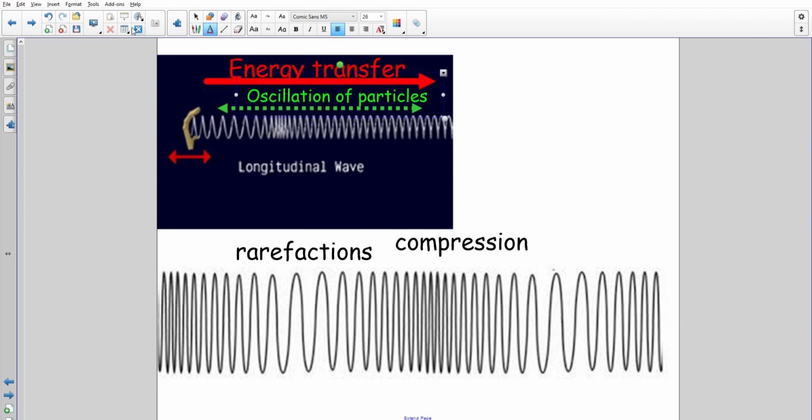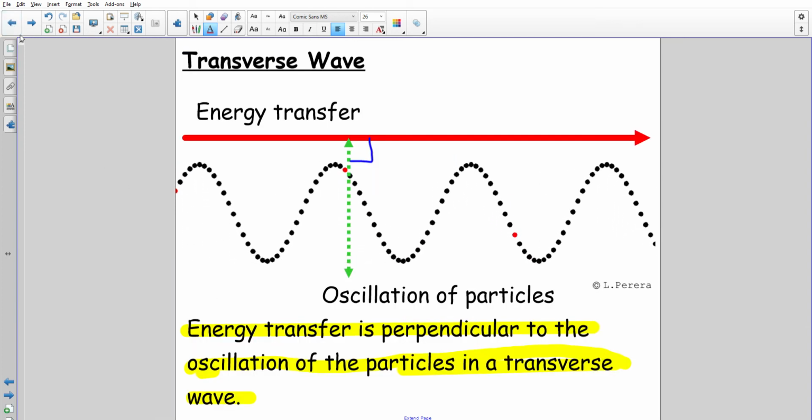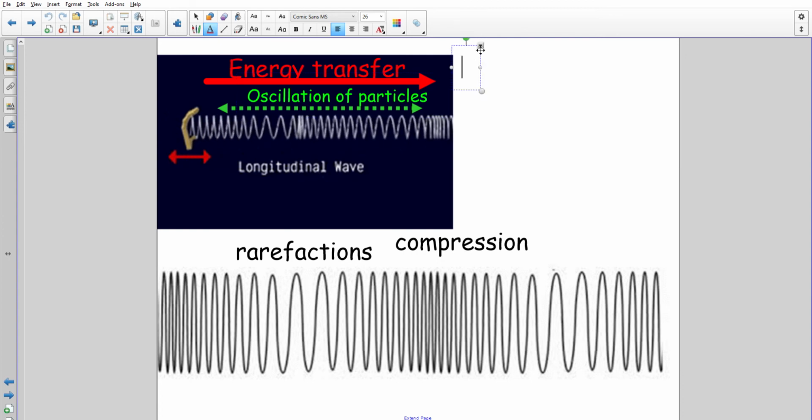Now, we said for a transverse wave that the energy transfer is perpendicular to the oscillation of particles. In a longitudinal wave, and you can probably see this, they're not perpendicular. They are going the same way, basically. And two lines going the same way, we call that parallel.